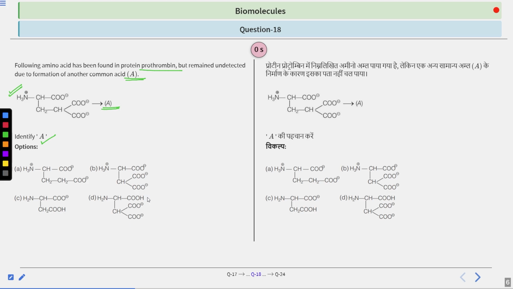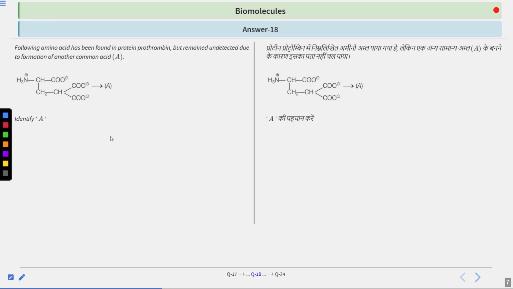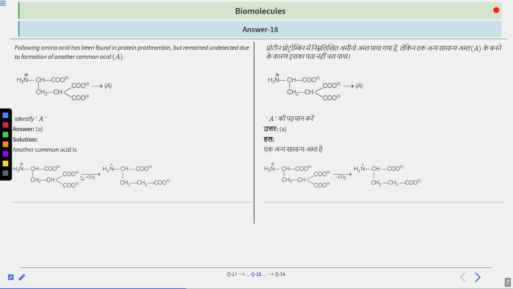Okay, let's see. The correct answer for the given question is option A. The other common acid denoted by A is NH3 positive, CH, COO negative, and on the CH we have CH2, CH2, COO negative.